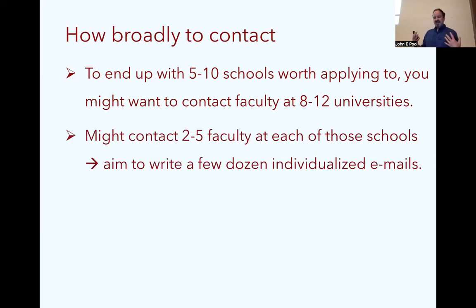And so then the question is, how many faculty should you be contacting at each of those schools? This gets into a kind of multiplier here. But I'm not really so sure about applying for grad school if there's really only one lab there you'd want to work with, partly because what if it doesn't work out? Even if we're talking about a direct admit situation, it doesn't always work out. And then what?